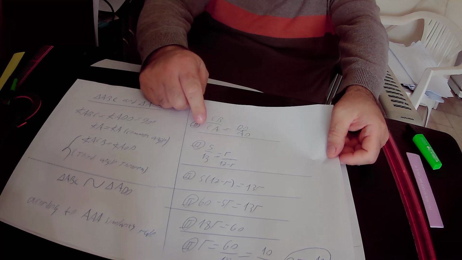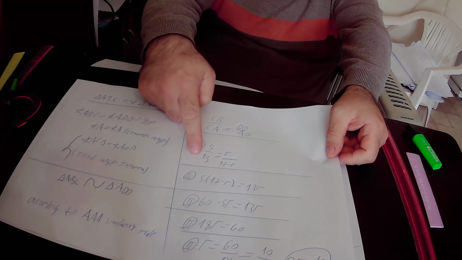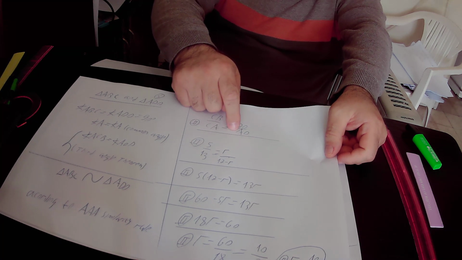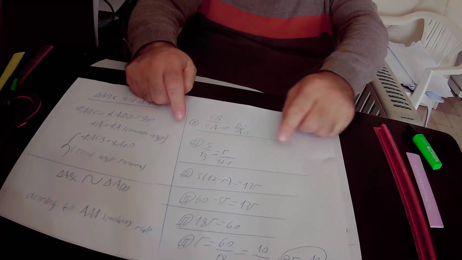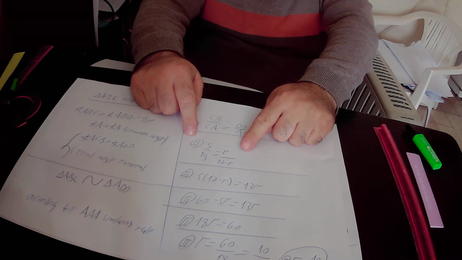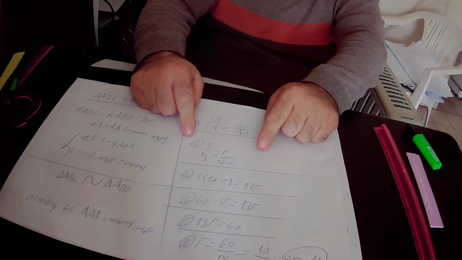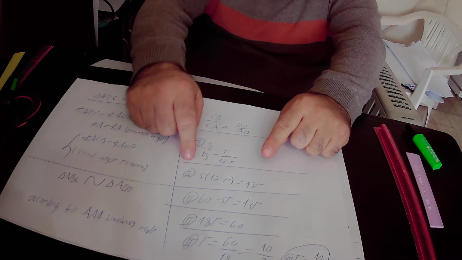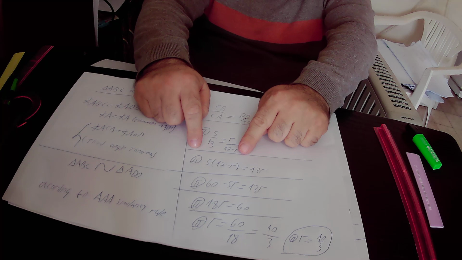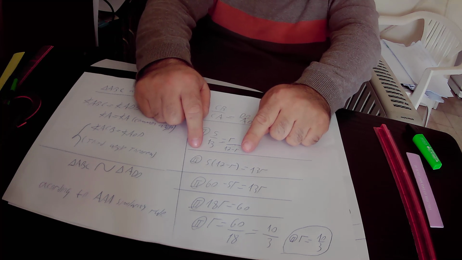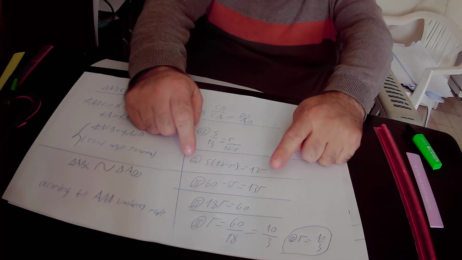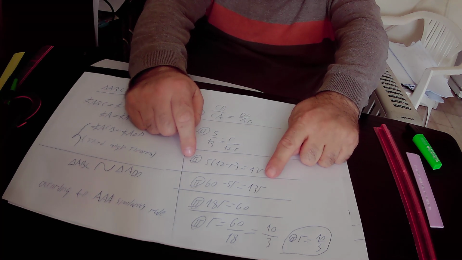CB equals 5 units, CA equals 13 units, DO equals R, and AO equals 12 minus R. Here we cross-multiply this equation number 2, and we get that 5 times (12 minus R) equals 13R. We open the brackets on this side of equation number 2, and we get that 5 times 12 equals 60, and 5 times minus R equals minus 5R, and it equals 13R.